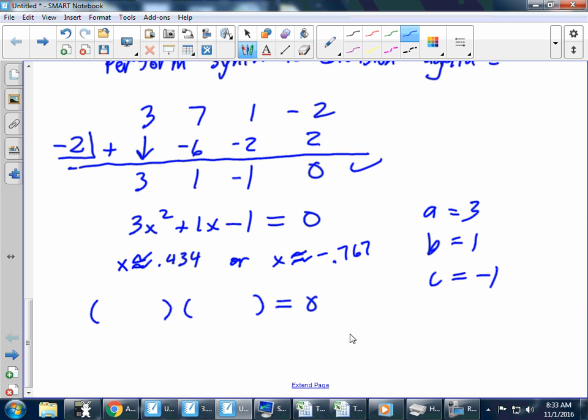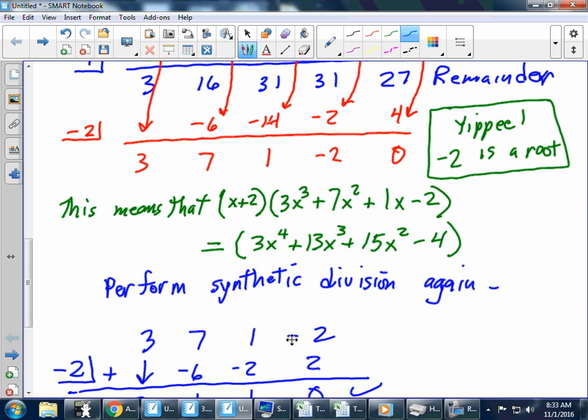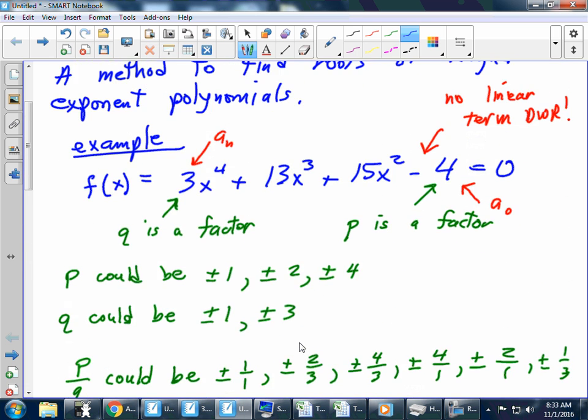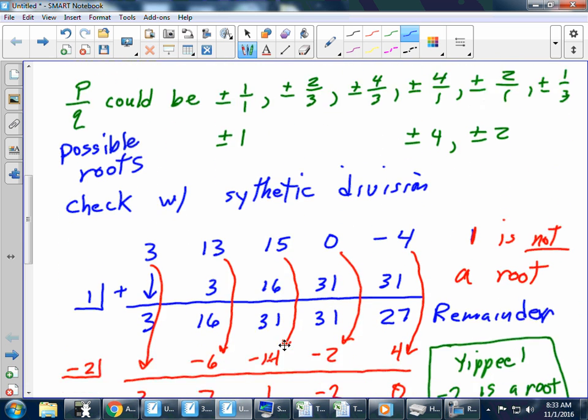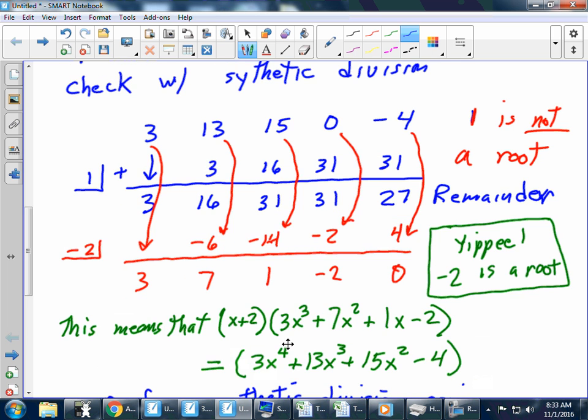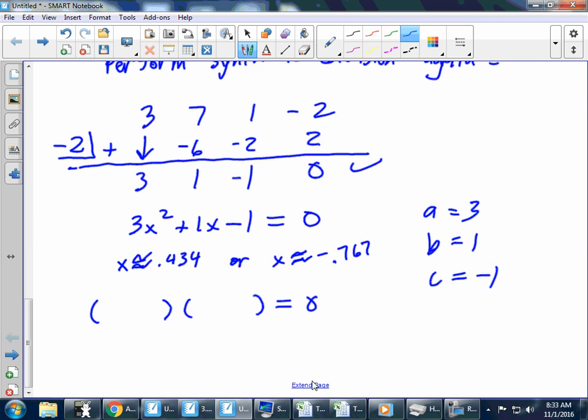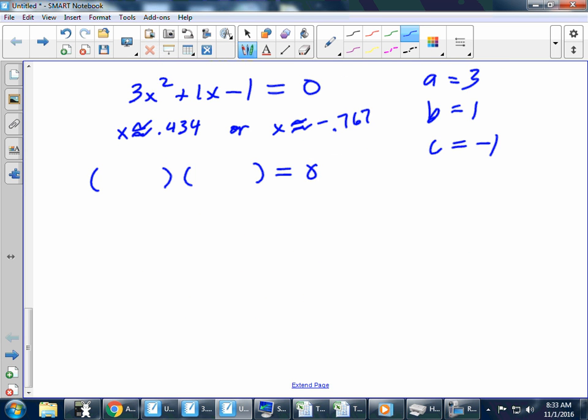So what did we get out of that? We got negative 2. Graph that to check. What are the roots? Let's make sure we did it right.